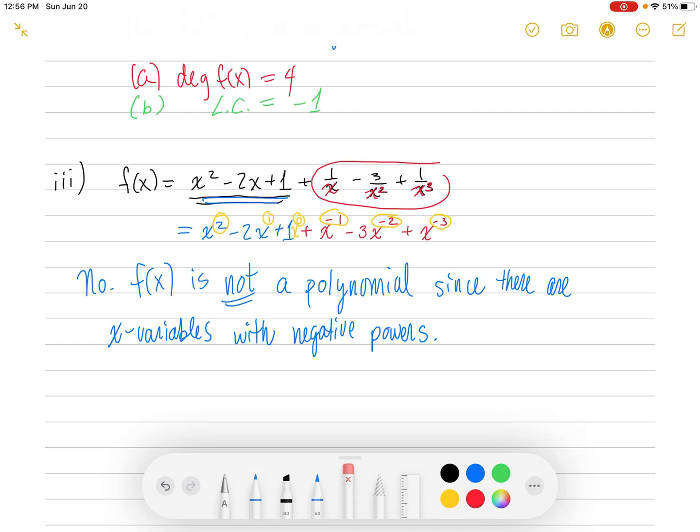Those ones that are circled in yellow are the negative powers. Those are what keep this whole entire function from being a polynomial.